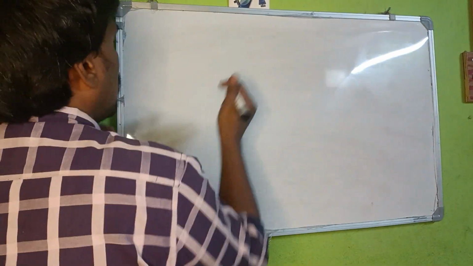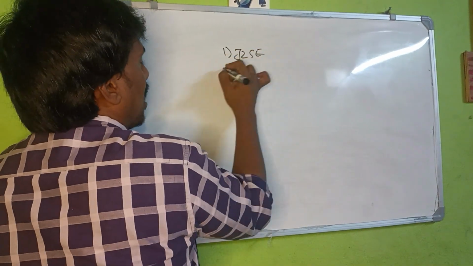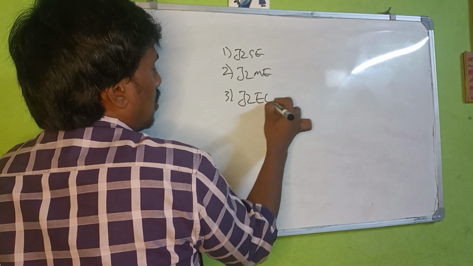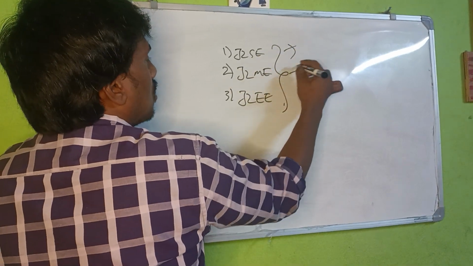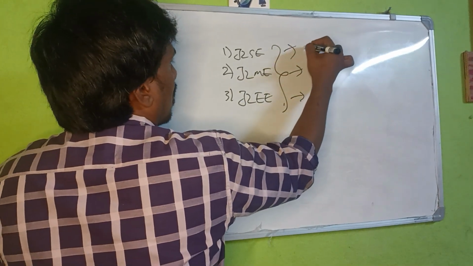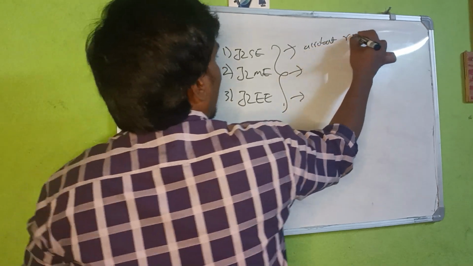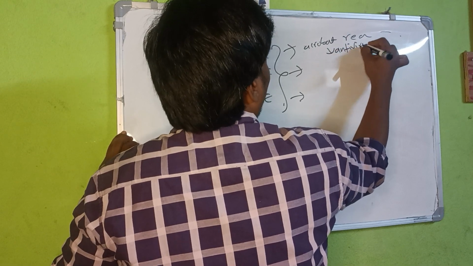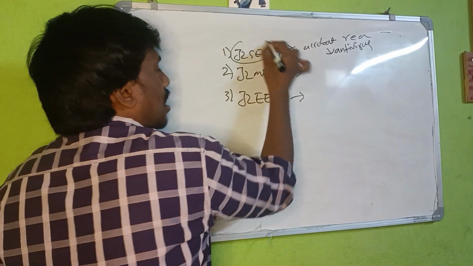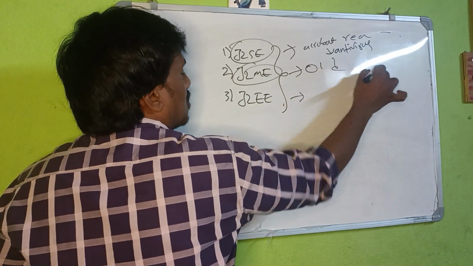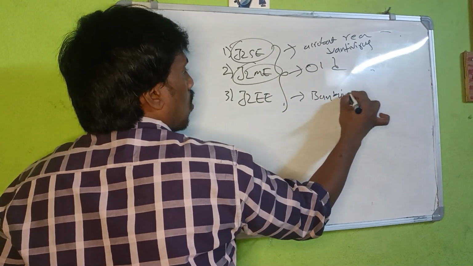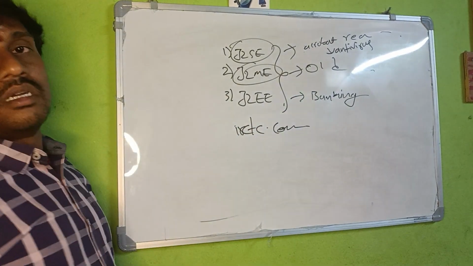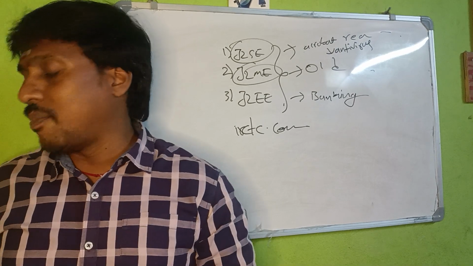Totally in Java we have J2SE, J2ME, and J2EE: standalone applications like Acrobat Reader, media players, and even some antiviruses, developed using J2SE; J2ME for old mobiles; J2EE for banking applications. And one present example where you are using web applications is irctc.com, which is a Java-related application only.